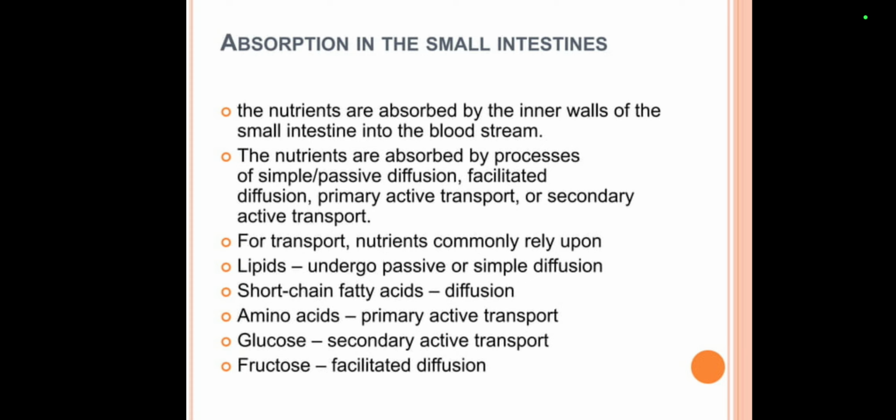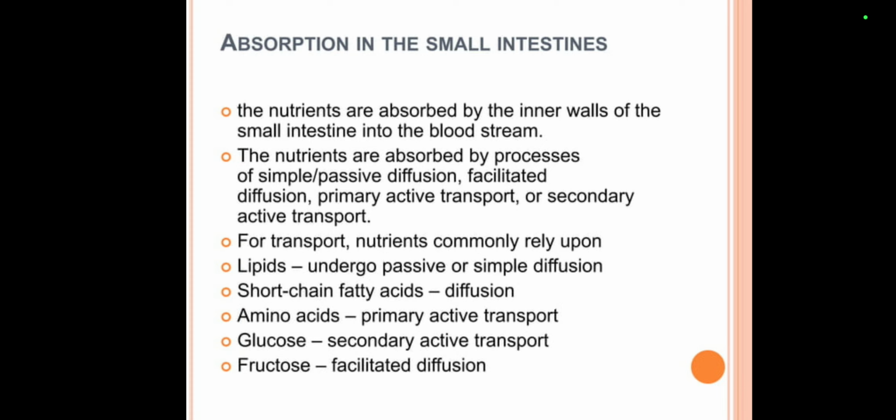As we all know, the absorption in the small intestine begins with nutrients. Nutrients are absorbed by simple passive diffusion, facilitated diffusion, and primary active transport. All of that is transportation, how the nutrients are absorbed by the small intestine.